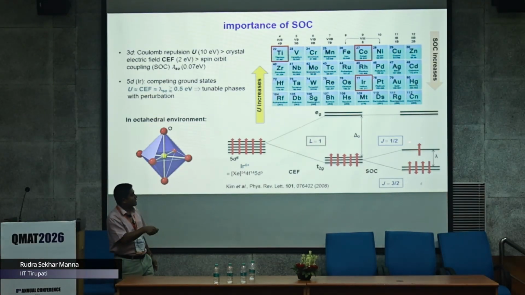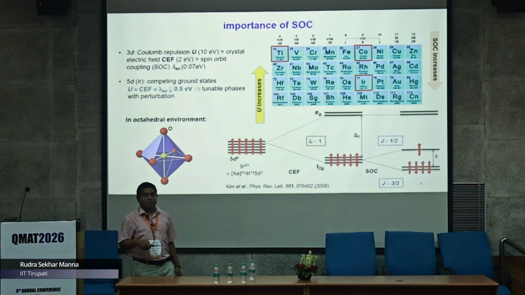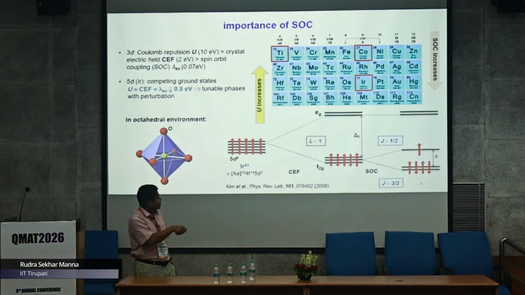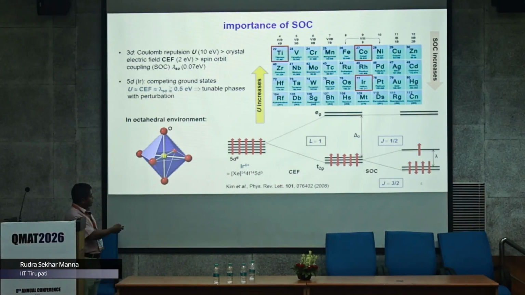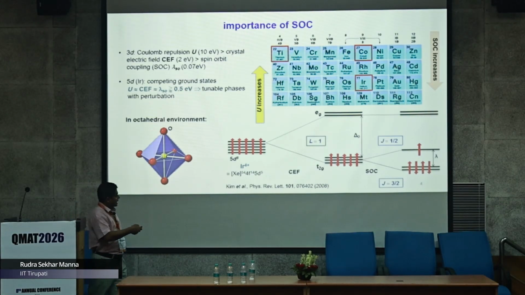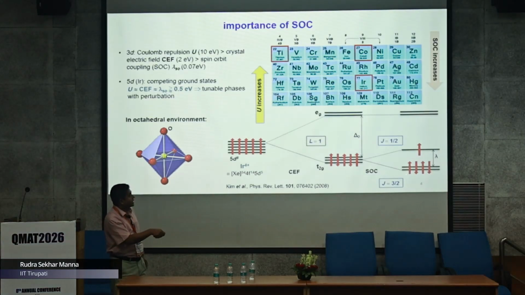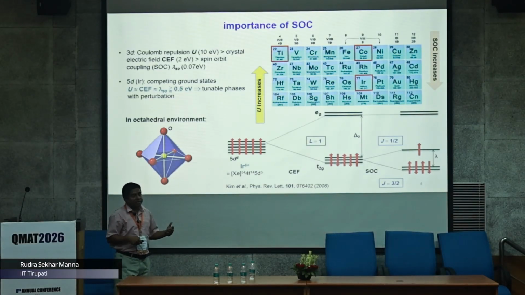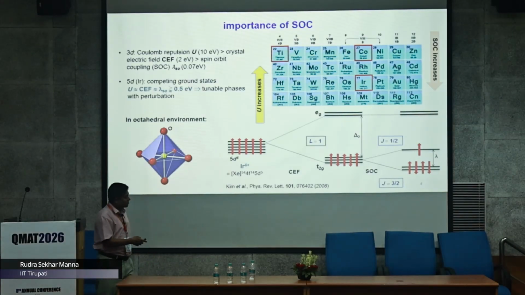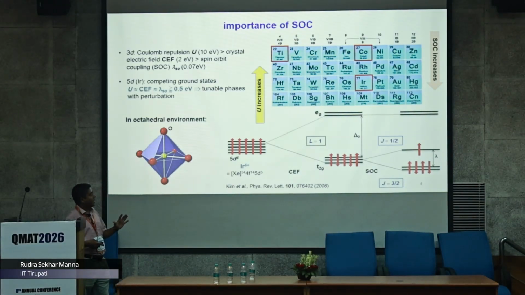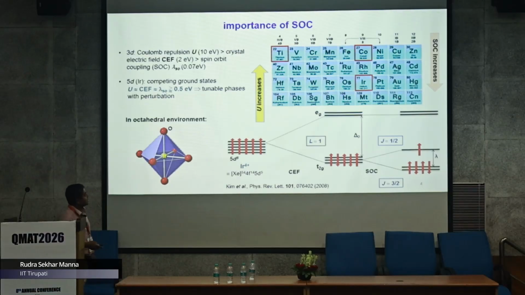So you have L equals 1 and then J plus half, which means effectively you have 1 electron sitting in the system. There is also this paper, the PRL, and another paper in Science, that show the insulating ground state, and the insulating ground state is actually driven by the spin orbit coupling. So spin orbit coupling has a significant role in this system.